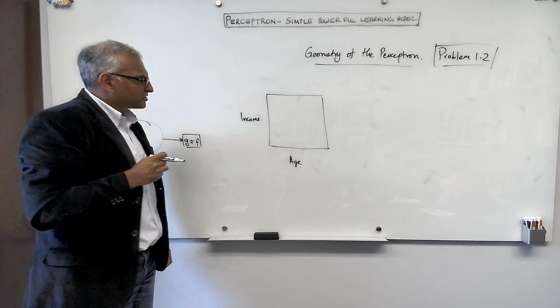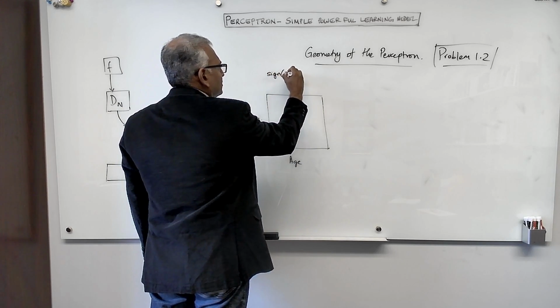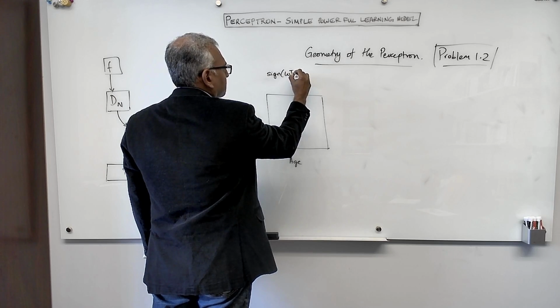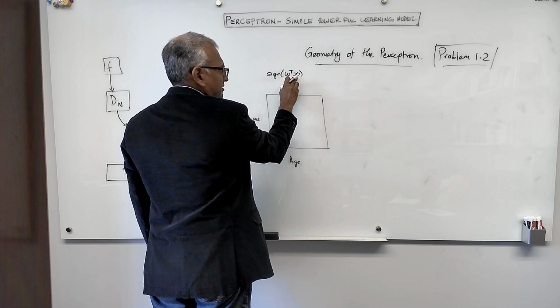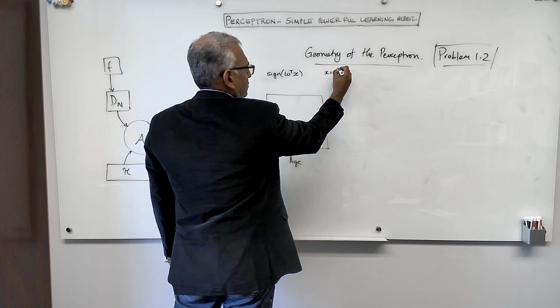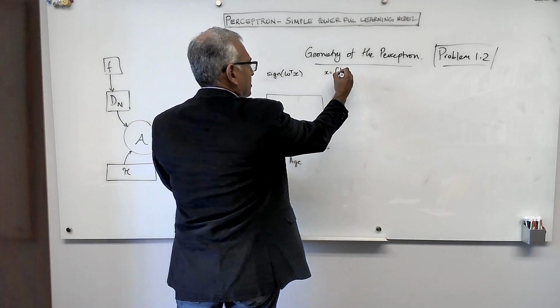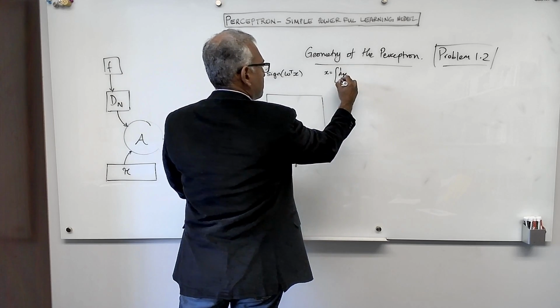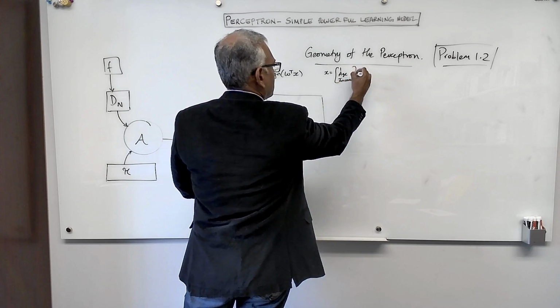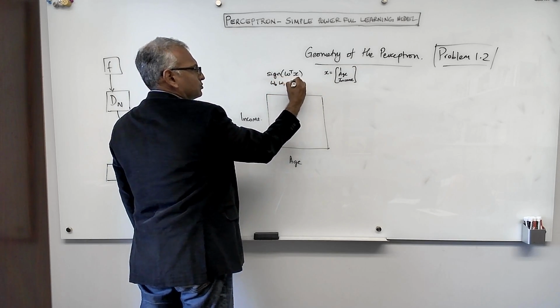And we're looking at this function sign of W transpose X. So this is the weight vector, this is the input vector. The input vector X, so X is equal to 1, remember it's augmented with 1, age and income. Okay, and corresponding to this is W0, W1, W2.